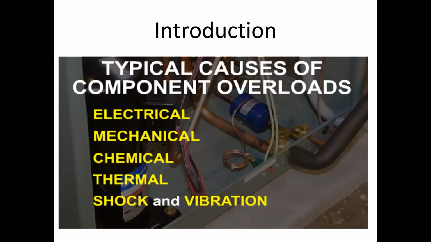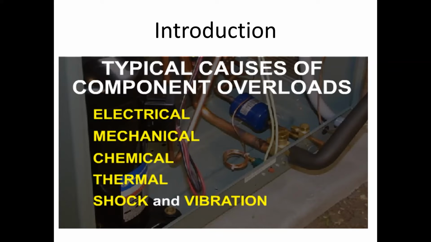So the typical causes of those component overloads or component stresses are electrical, mechanical, chemical, thermal, and then shock and vibration, right? And with shock and vibration, we can cause systems or components to fail just through transportation, right? Sometimes that transportation is from our manufacturing center to our distribution center.